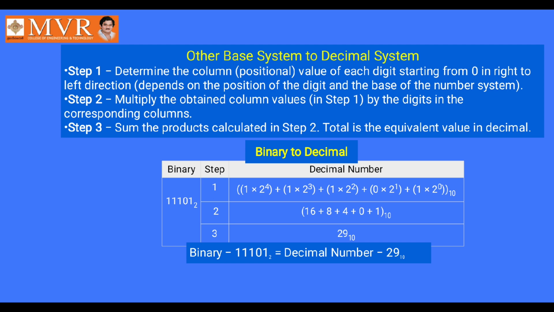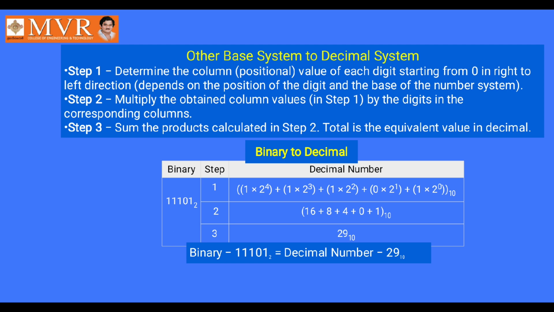So if you take the MSB, most significant bit, 1 into 2 power 4, because that MSB is in the 4th position, plus again 1 into 2 power 3 because it is in the 3rd position, plus 1 into 2 power 2 because it is in the 2nd position, plus 0 into 2 power 1, plus the least significant bit 1 into 2 power 0.